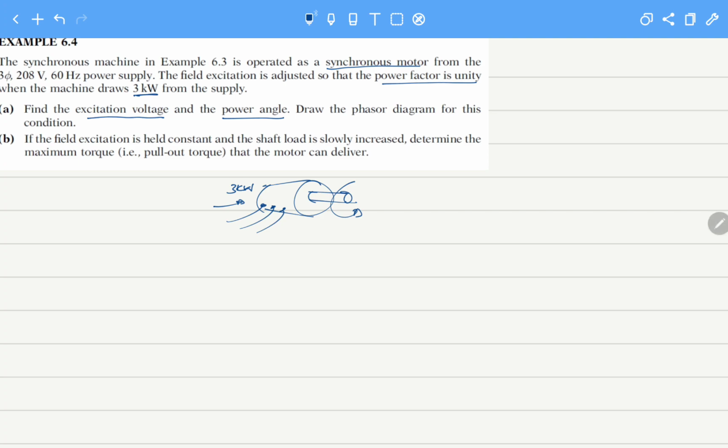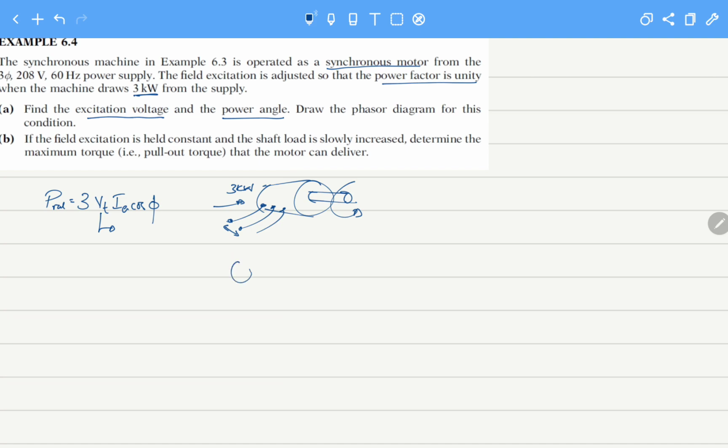The formula for the real power, we know that P real equals 3 times V terminal IA cos of phi, where this V terminal is the phase voltage, as it is a Y connected machine.